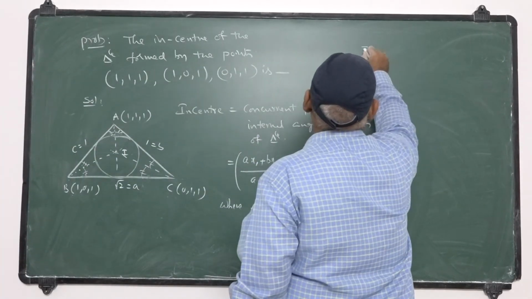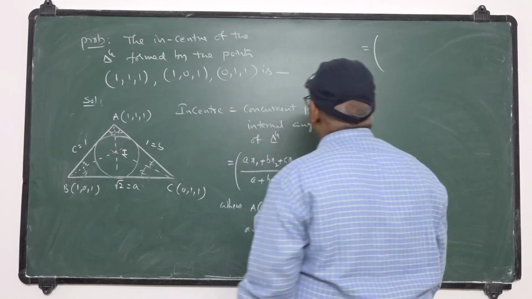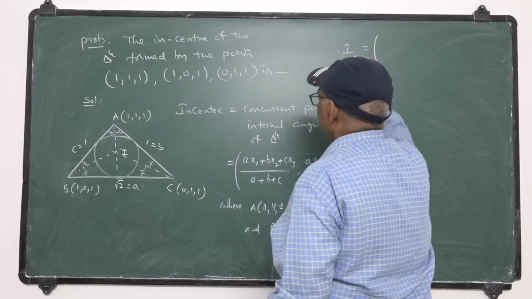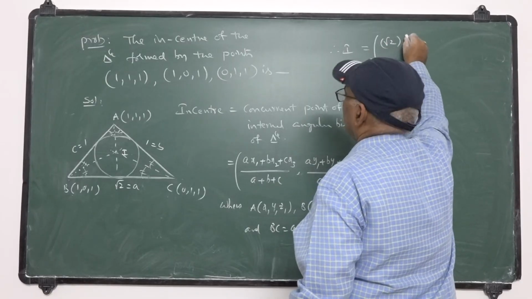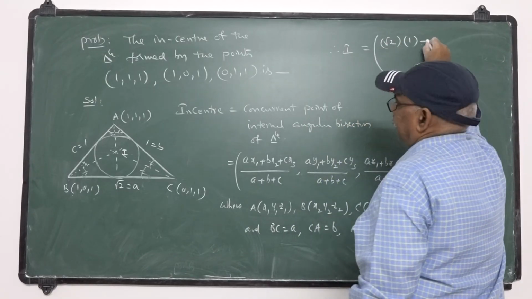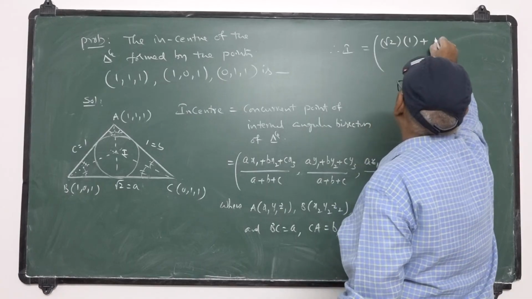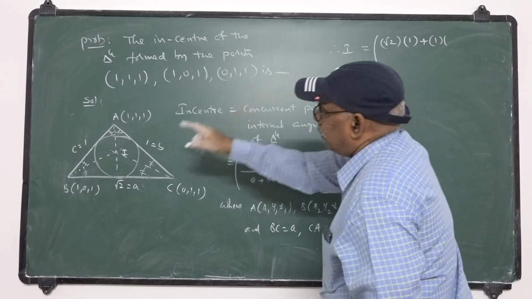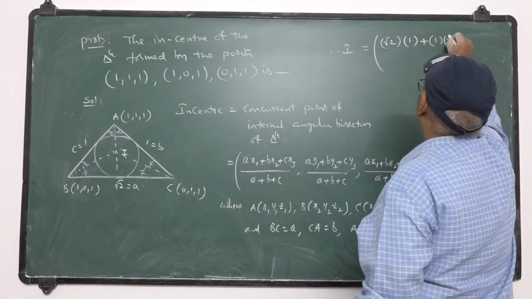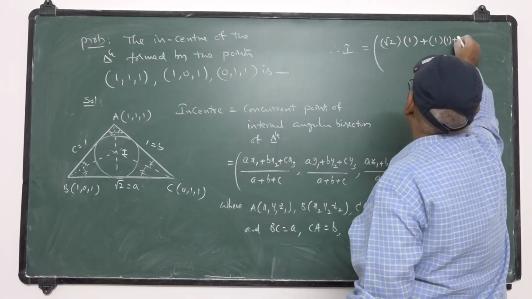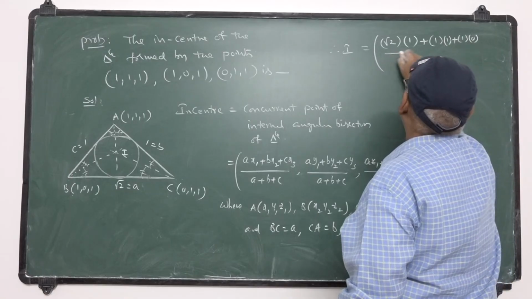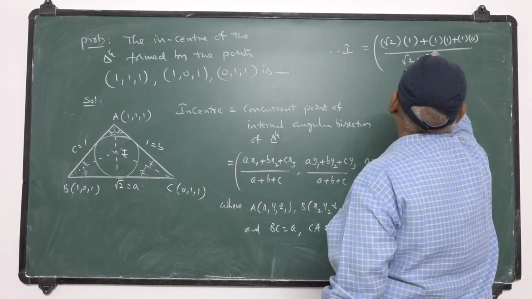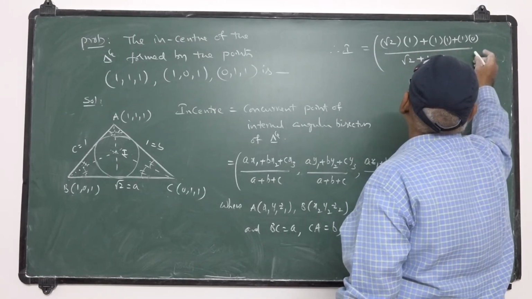Based on that, clearly here the required incenter is a into root 2 into x1, x1 is 1, plus b into 1 into x2, 1, plus c into 1 into x3, 0, by root 2 plus 1 plus 1.